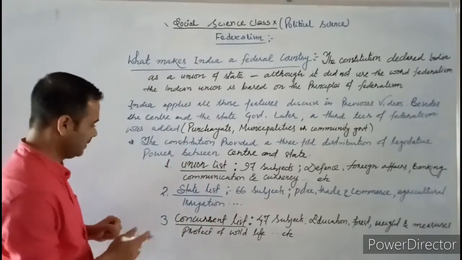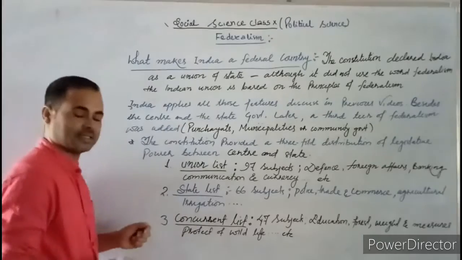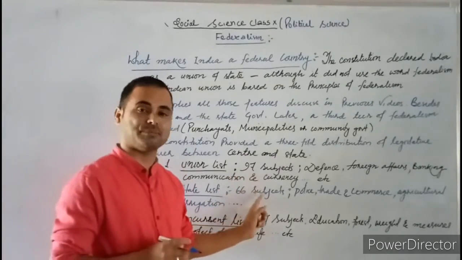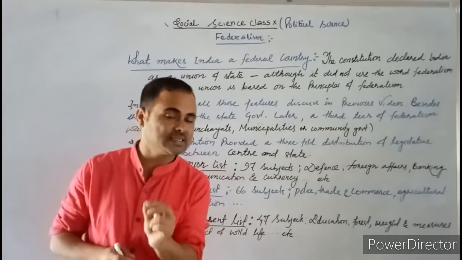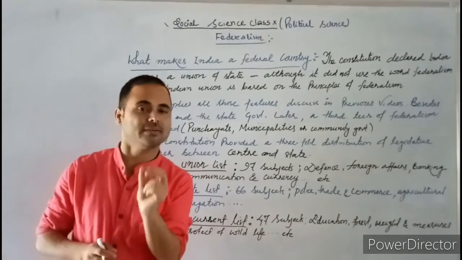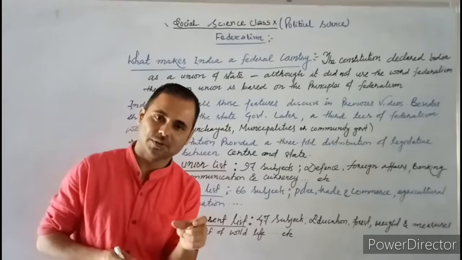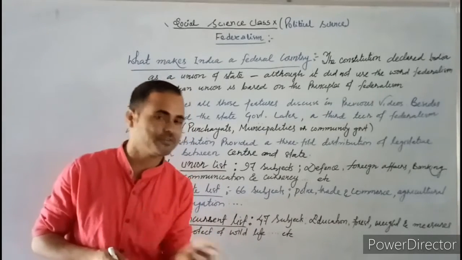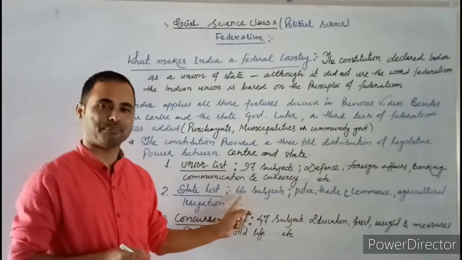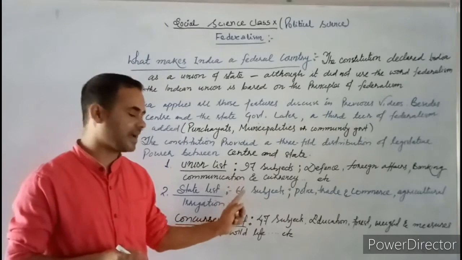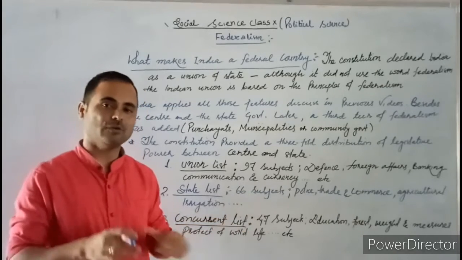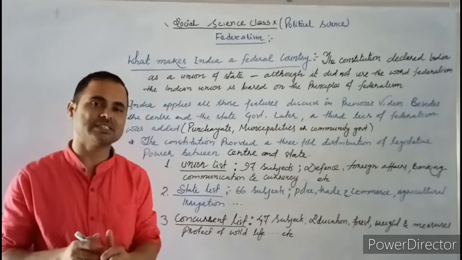Another, you see, is the state list. The state list includes 66 subjects, where only the state government has the power and the right to make laws. No other institution or government is allowed to interfere in this. And what are the areas which come in these subjects?